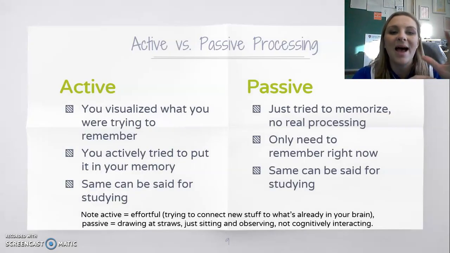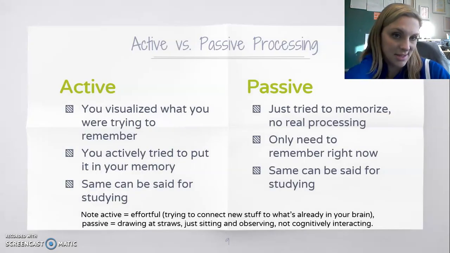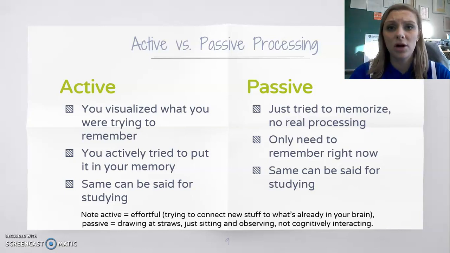Okay, so active versus passive processing. I've talked to quite a few of you about active versus passive studying. This is the idea here. This is what I'm talking about. It should be known that when you actively do something, you're going to remember it better than when you just passively do something. Okay?